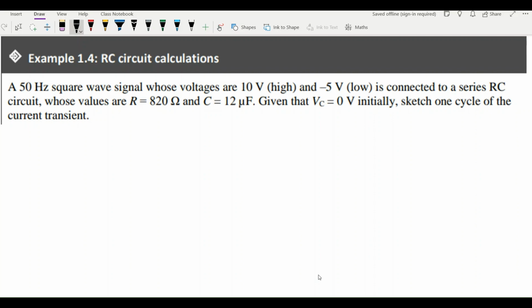One cycle of the current transient must include the charging and discharging. What we're looking at here is a square wave because of the type of voltage given to us: 10 volts high, meaning positive, and 5 volts low, meaning negative.